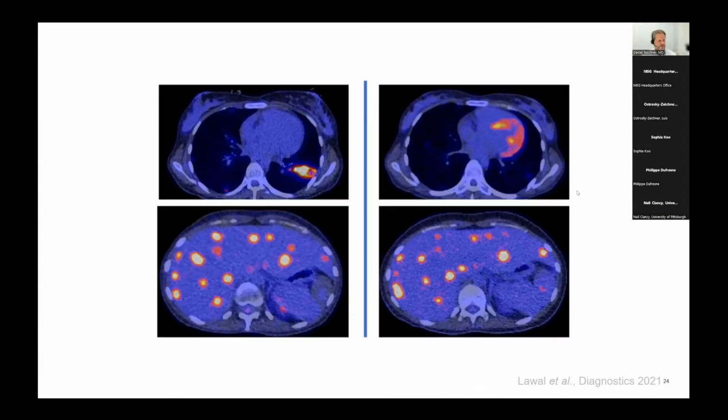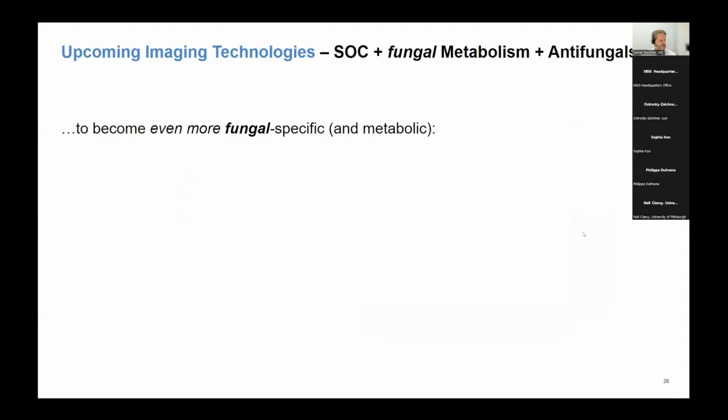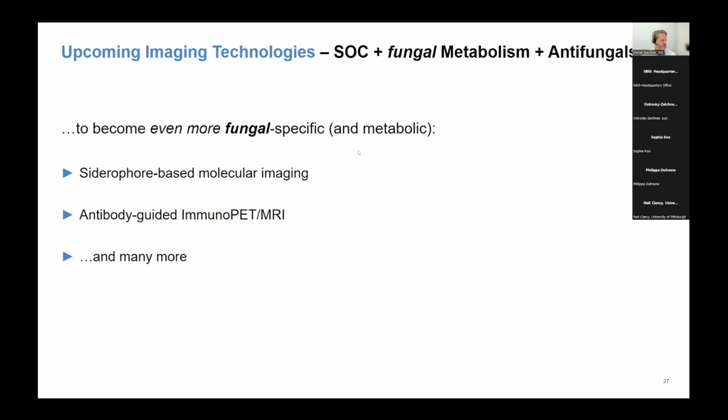But this is very likely Candida, though of course it's not specific. It's only metabolic activity. It's inflammation that can be measured here. To be even more precise, from a fungal-specific point of view, there are upcoming imaging technologies, and I will talk about siderophore-based molecular imaging as a representative example, and antibody-guided immunoPET or MRI.